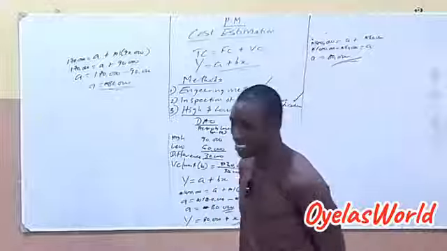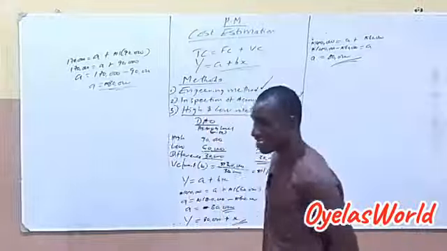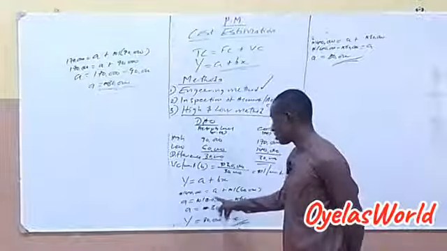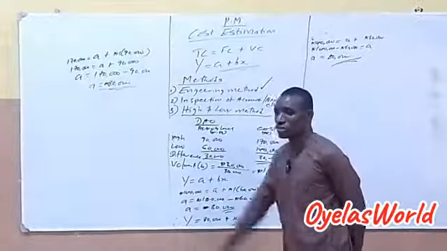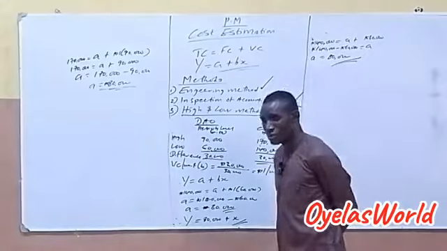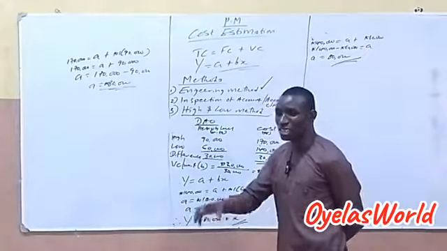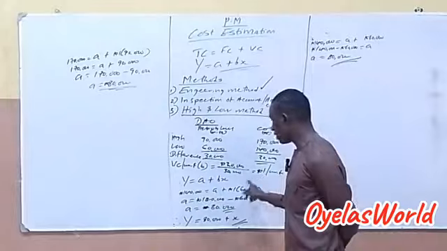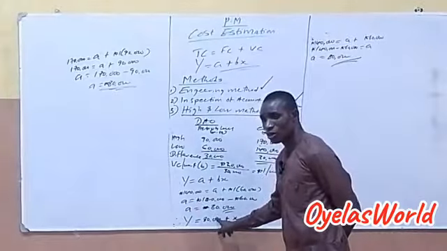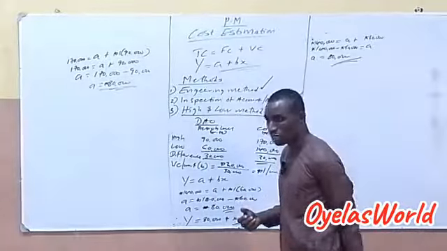So you said the fixed cost and the A. Yes, ma'am. If the whole thing is variable, this one is fixed. There's a fixed element there and there's a variable element there. The variable element is 1 naira per unit. The fixed is what? It is 80. So if you want to estimate now, look at it.